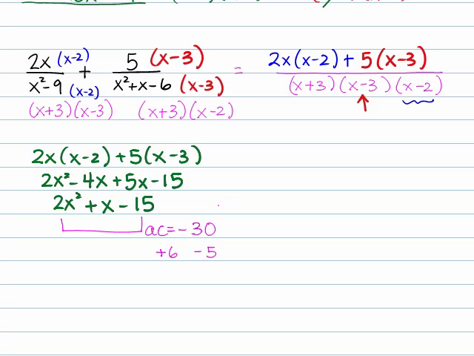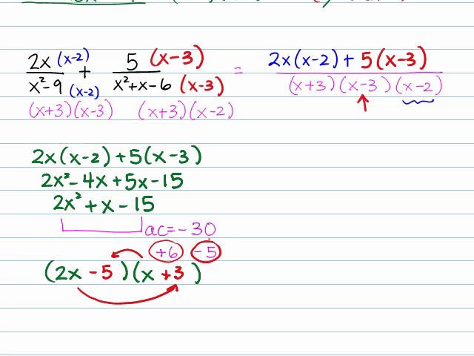The factorization therefore is going to be 2x with x, that will give me the 2x squared, and 2x times plus 3 will give me the plus 6, and x times negative 5 will give me the negative 5.